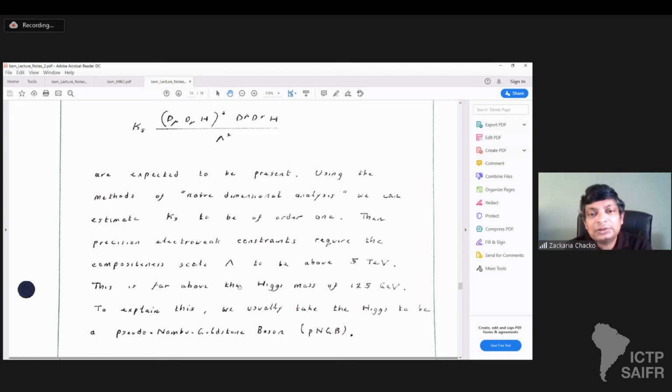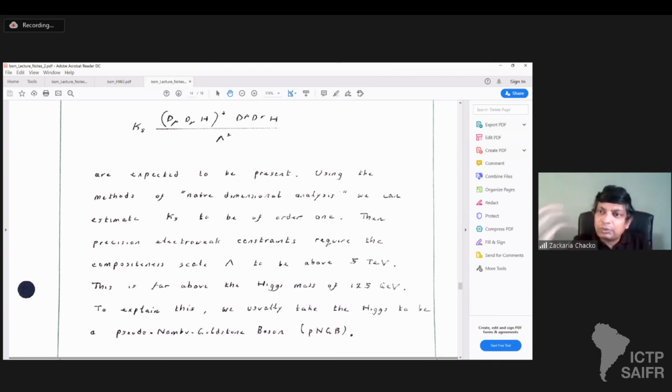On the other hand, the Higgs mass is only 125 GeV, and so that's a potential problem. To explain this, we usually take the Higgs to be a pseudo-Nambu-Goldstone boson. We usually say the Higgs is something like a pion.